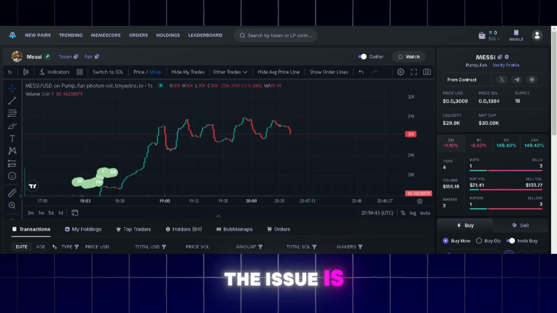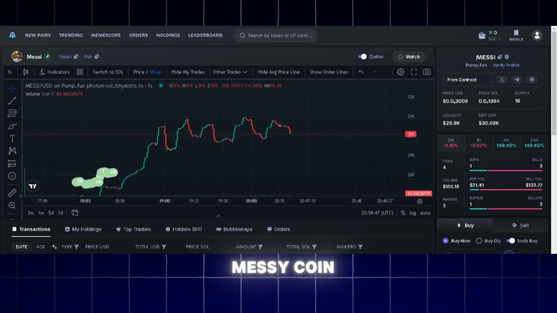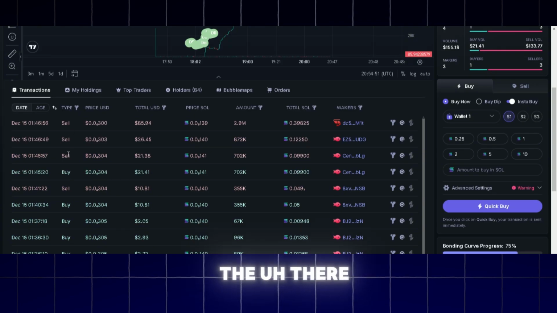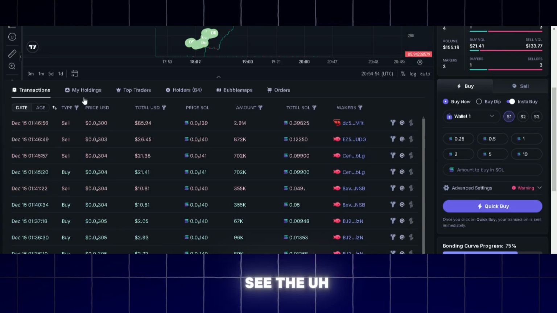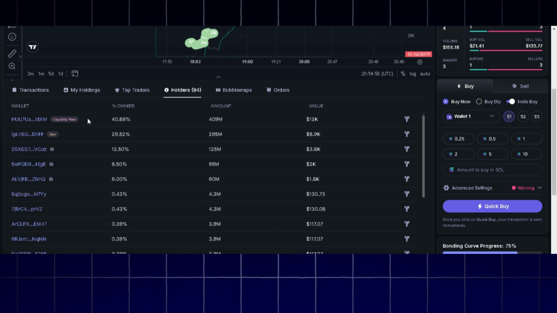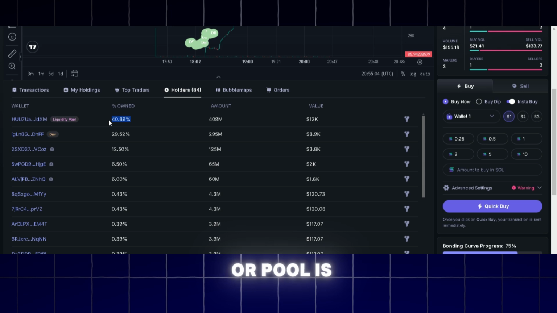The issue is on the Messi. First of all, I need to close this chart. Where's the Messi coin? Let's see, they are selling their coin, and if we look at the holders, they hold 30% of the supply, and the liquidity pool is only 40%.